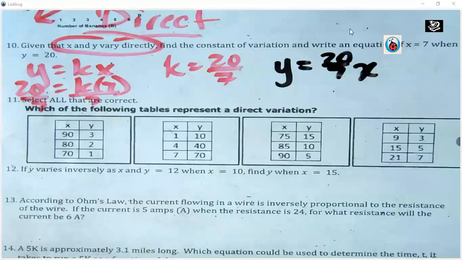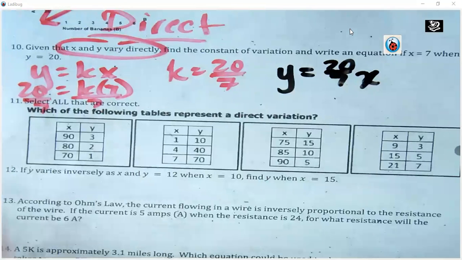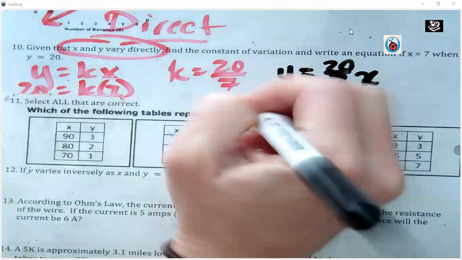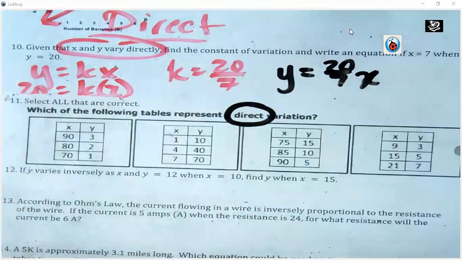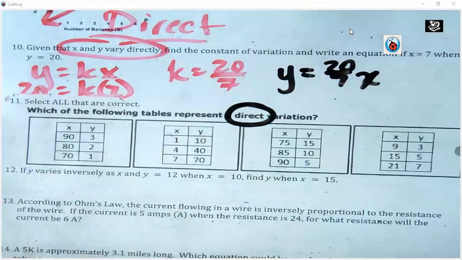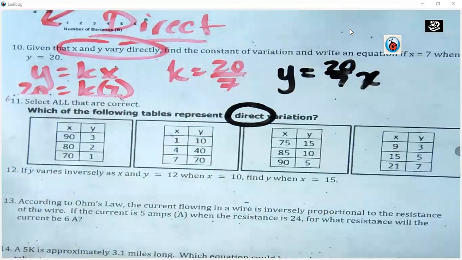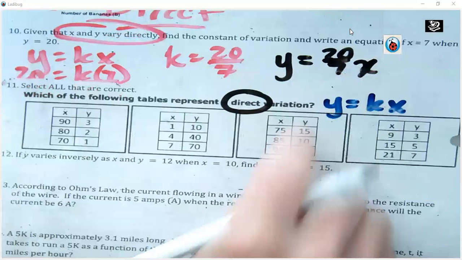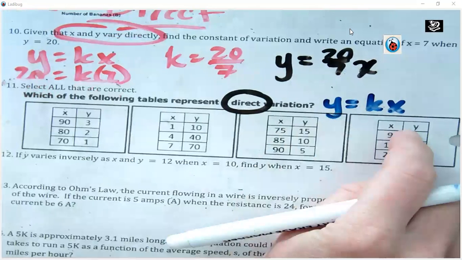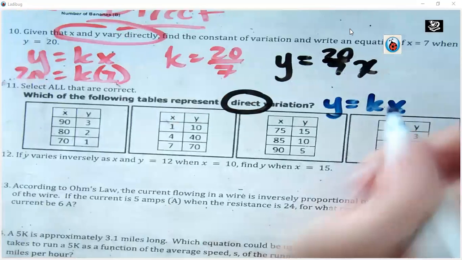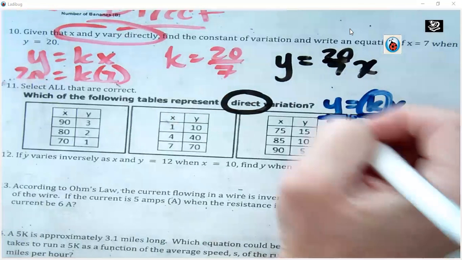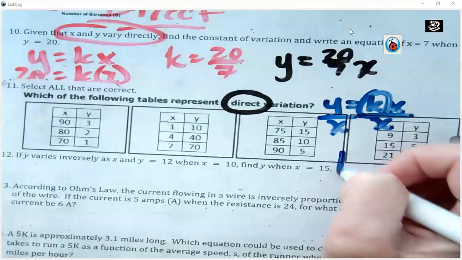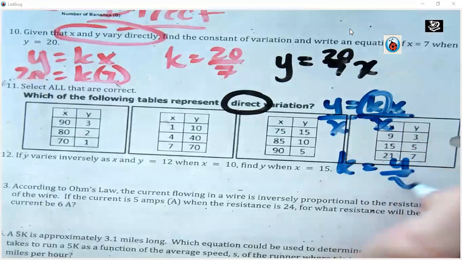All right, number 11, select all that are correct. Which of the following represent direct variation? So we're looking at tables. I know that the formula for direct is y equals kx. But when you're looking at tables, what variable do I want you to use? K. So I would divide both sides by x, and so k equals y over x.